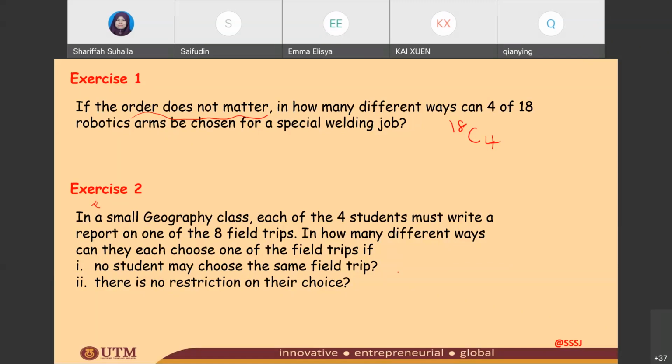So dia ada macam 4 space ni. Okay, 1, 2, 3, 4. The first student dia ada 8 choice. Betul tak? Second student dia ada 7 choice. So is it a permutation ke combination?